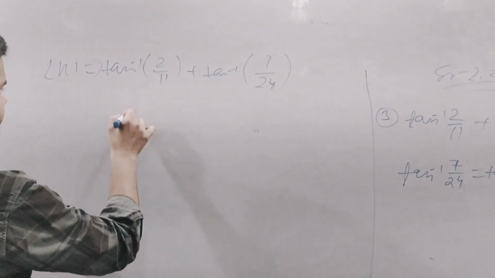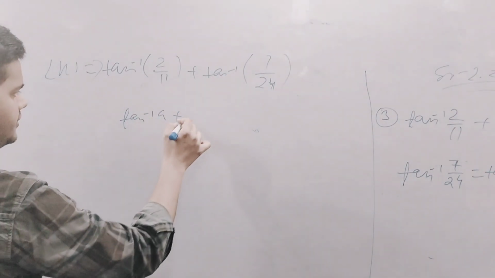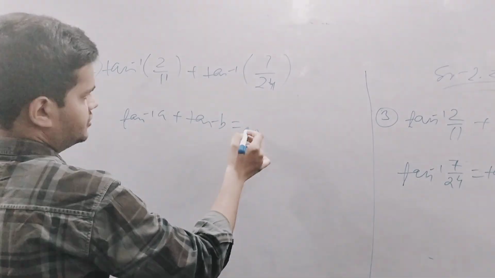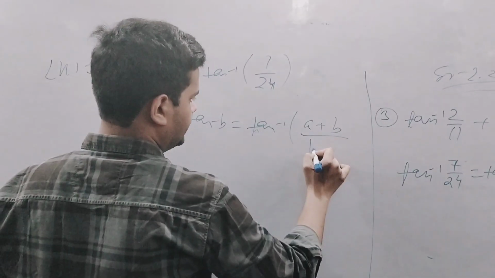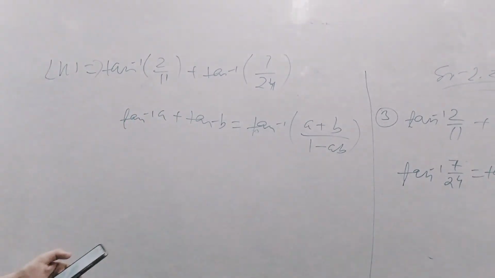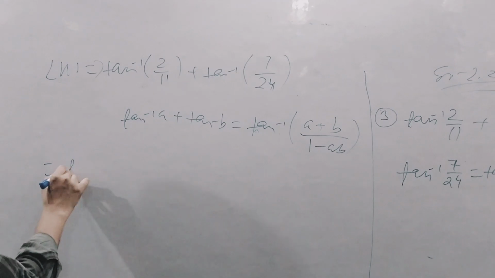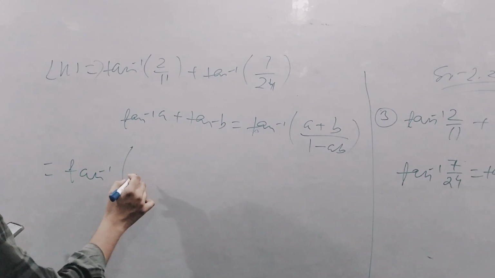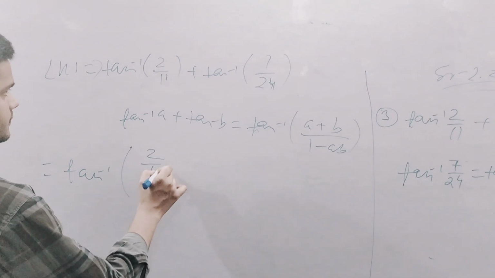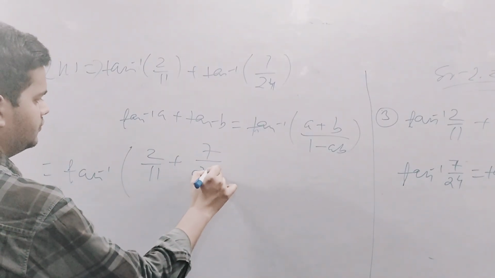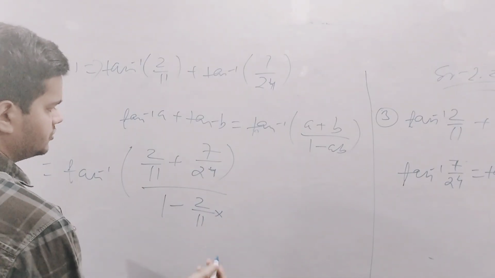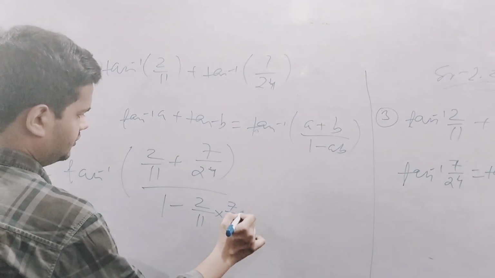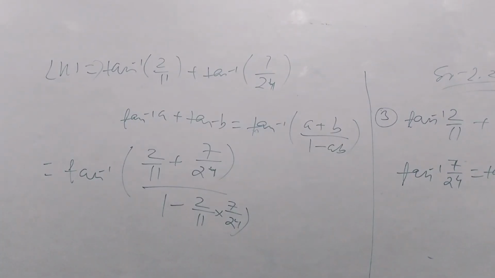Now this is tan inverse A plus tan inverse B, which is equal to tan inverse A plus B upon 1 minus AB. Okay. So this becomes tan inverse 2 upon 11 plus 7 by 24 upon 1 minus 2 upon 11 into 7 by 24.